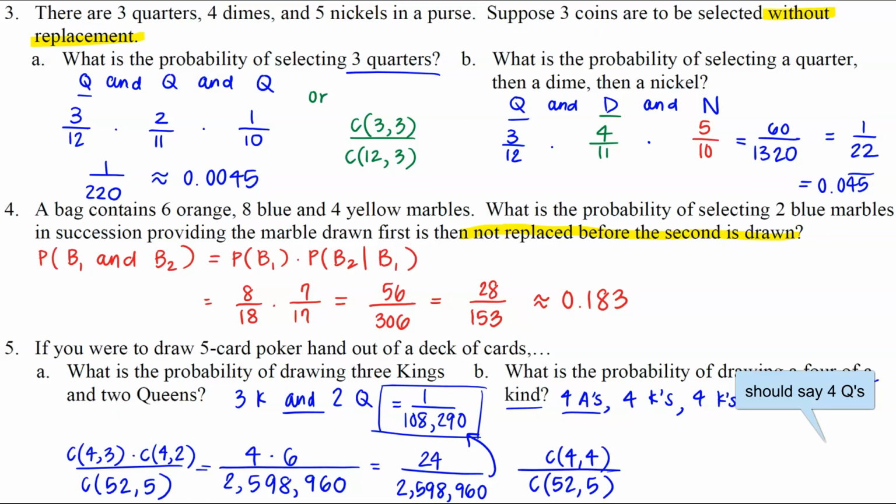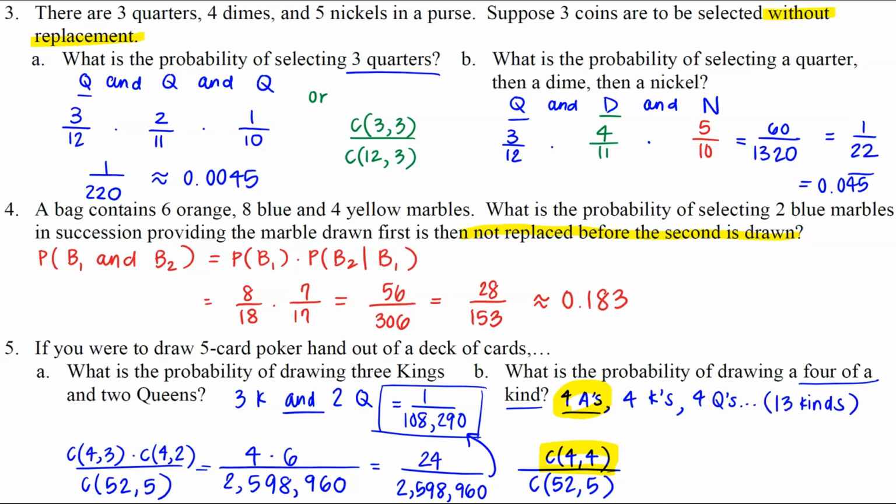The reason for that is because right now, the 4 aces reflects the combination of 4, 4. However, there are many different ways that I can get a 4 of a kind. It could be 4 aces, or 4 kings, or 4 queens. There are 13 different kinds of cards in my deck.